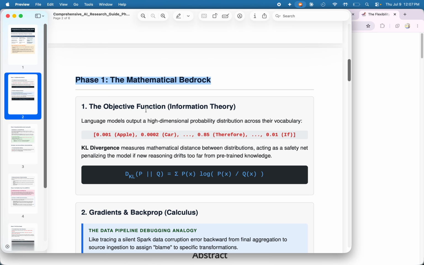Whenever we say objective function, in information theory or the loss calculation, entropy loss, language models usually output probabilities. At the end of the iteration, what it calculates is, let's say we are at the fourth word, it predicts the fifth word.